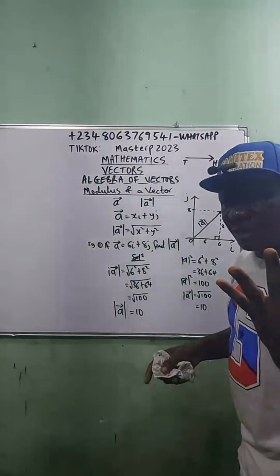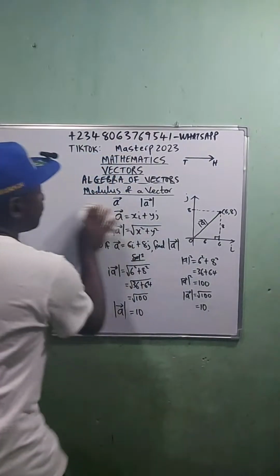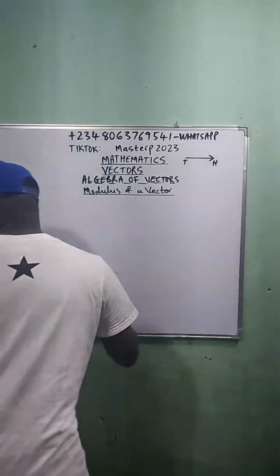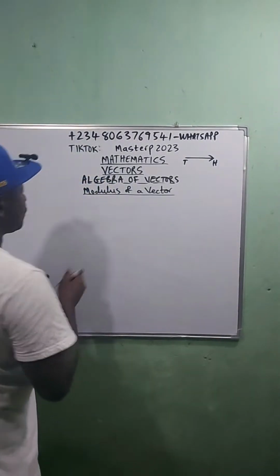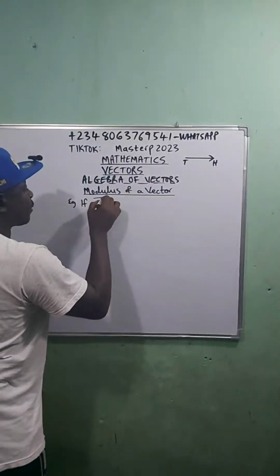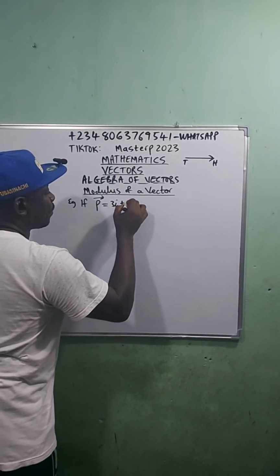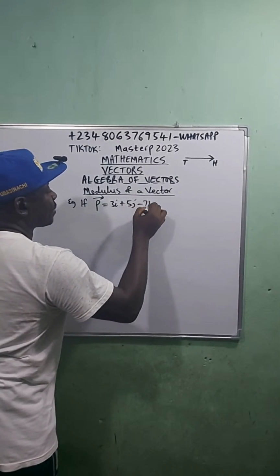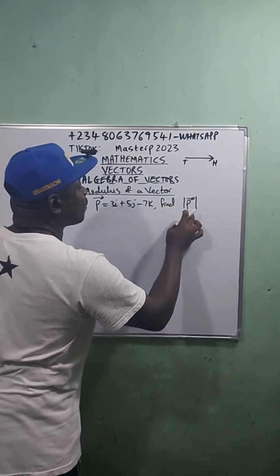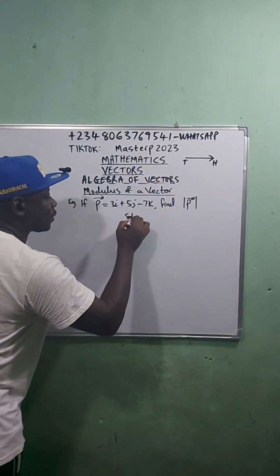Then we'll have what we call a 3-dimensional vector, where the unit vectors will be i, j, and k. So we have something like this, e.g. if the vector P is equal to 3i plus 5j minus 7k, then you are being asked to find the modulus of this vector. So for us to get the modulus of this vector, this will now be the solution.